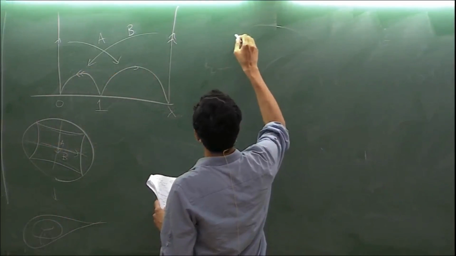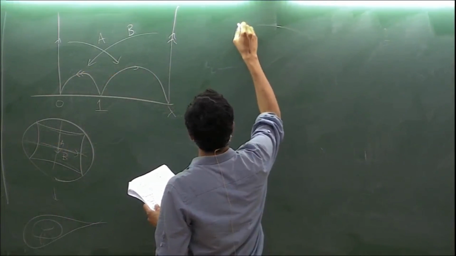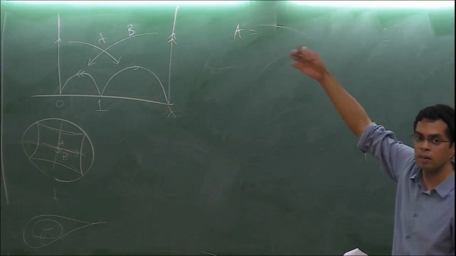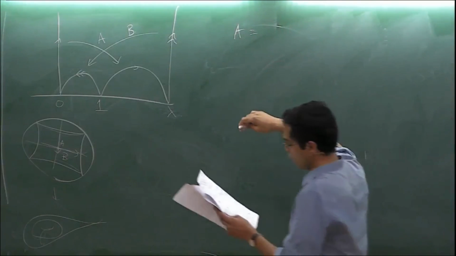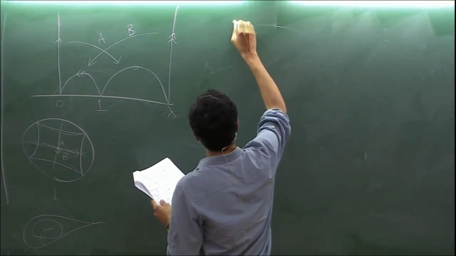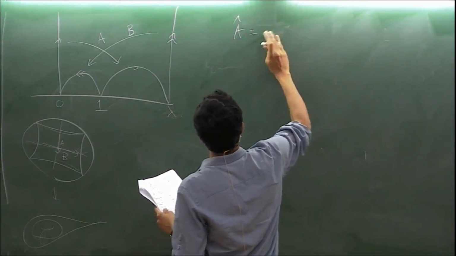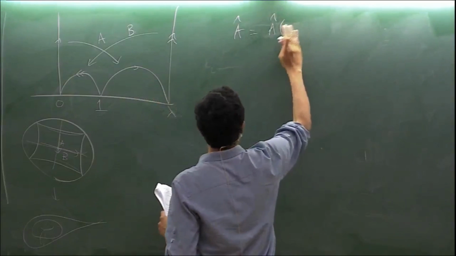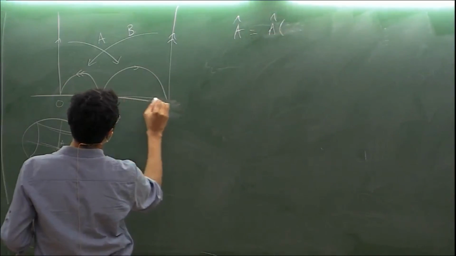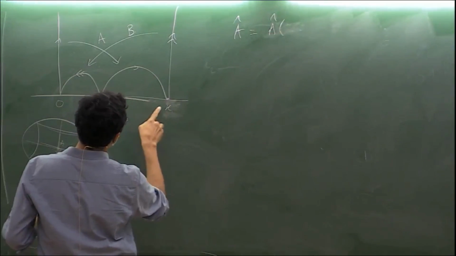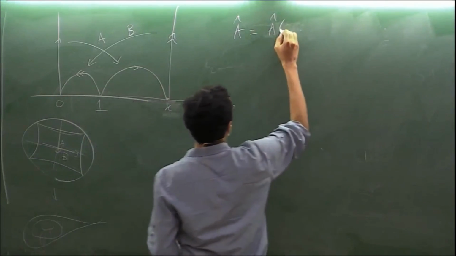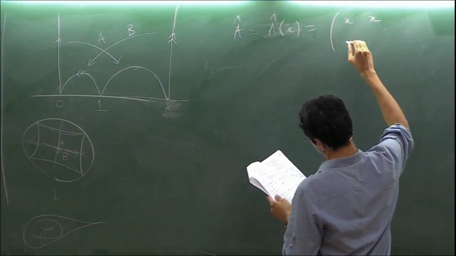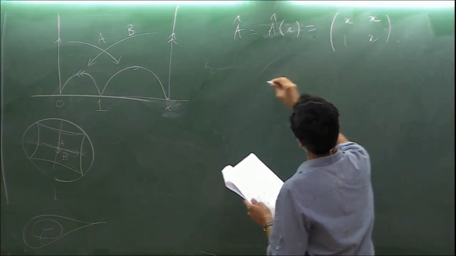We'll work in PGL2R, so I won't normalize to make it into PSL2R. Let's call it A hat, which depends on x, this cross ratio, and this is the matrix with rows x, x and 1, x.